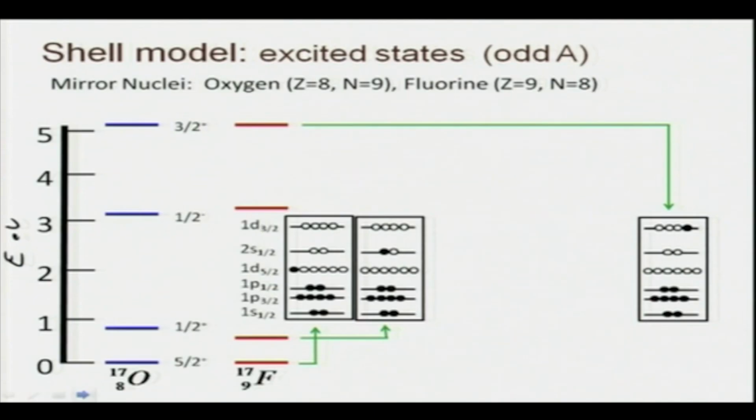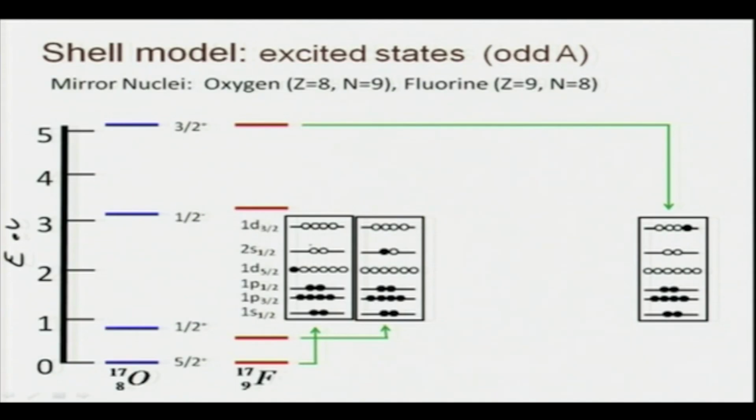We have this observation. Now, you ask the question, how do we accommodate this? We do not see any possibility of the odd nucleon jumping from 1d5/2 to a state with j equal to 1/2, but odd parity.